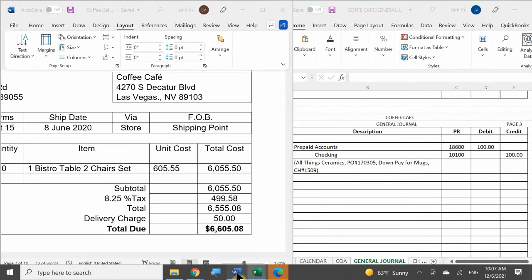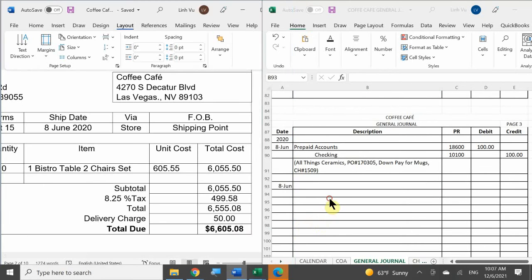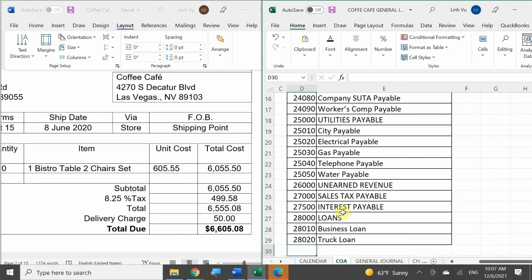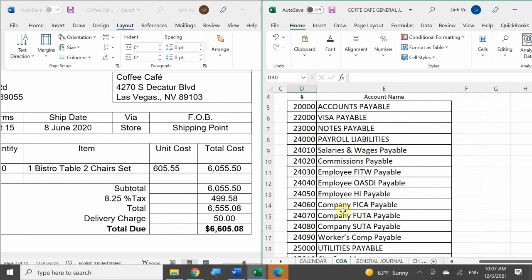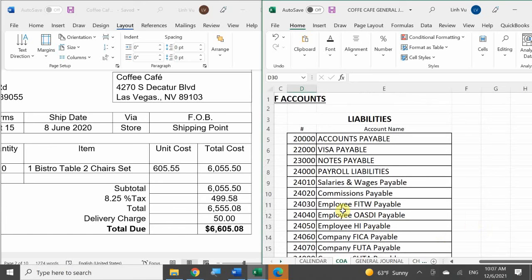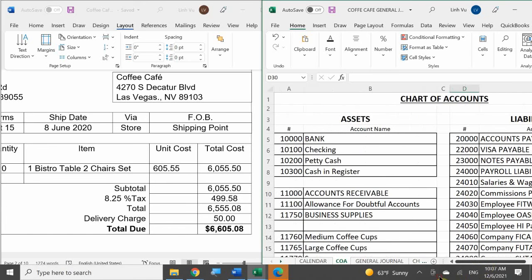You start with a debit to the account, the bistro tables and chairs, and then a credit on checking account 6,605. Now, did I pay with my check? Did I pay for it?